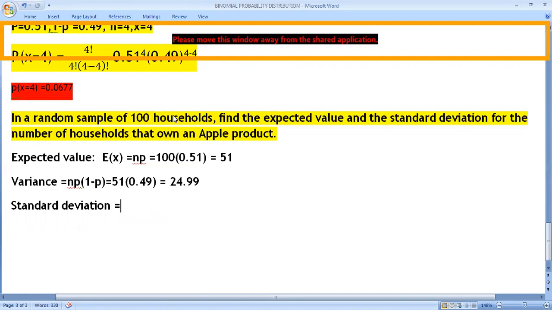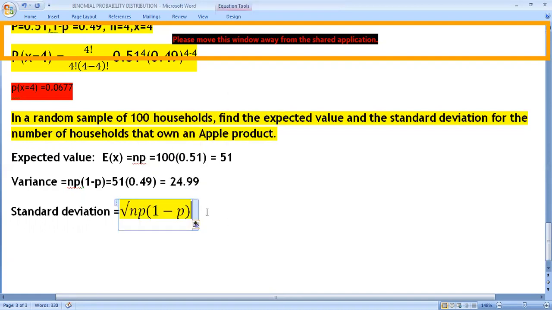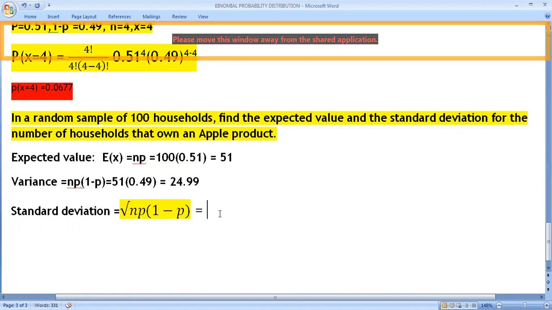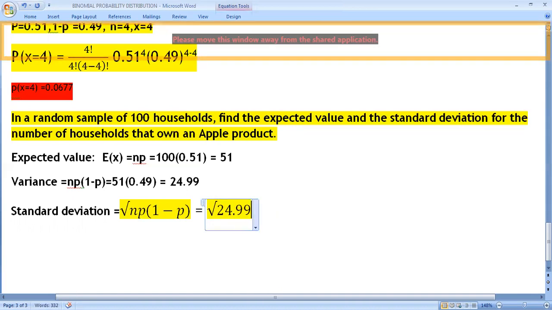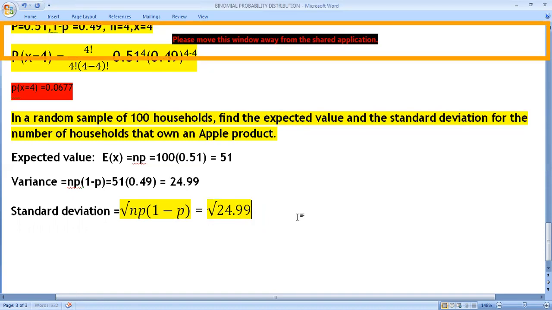Standard deviation, square root of the variance. And the variance is 24.99. And this gives us a standard deviation of 4.99.